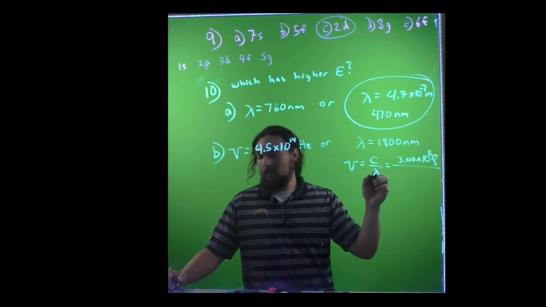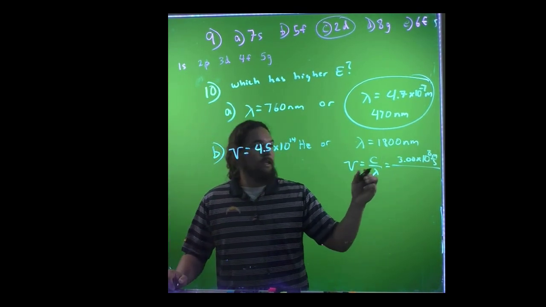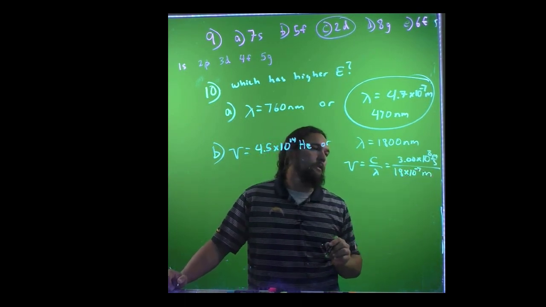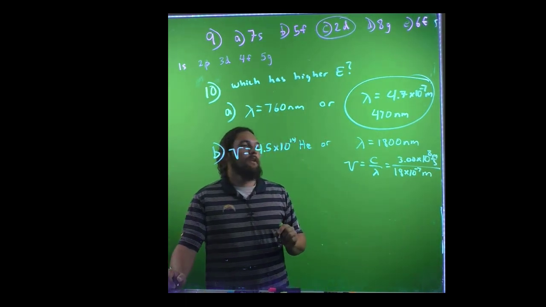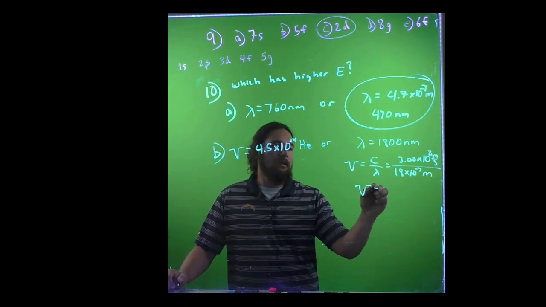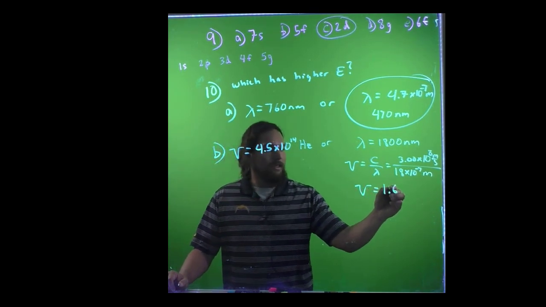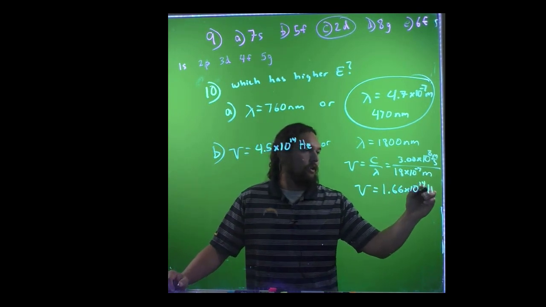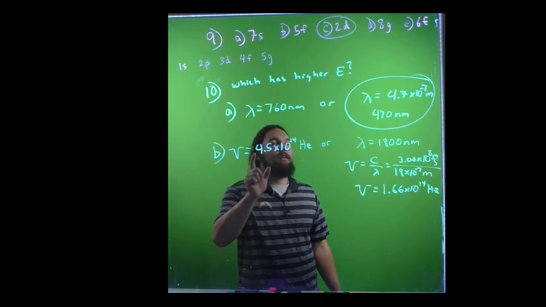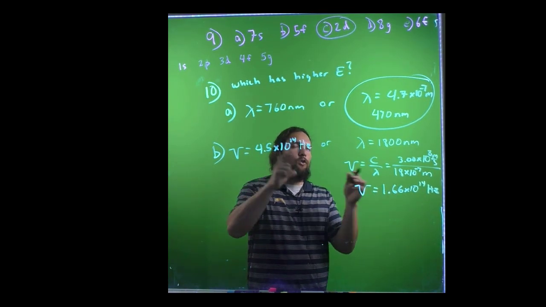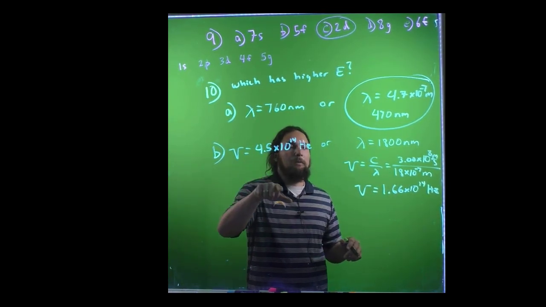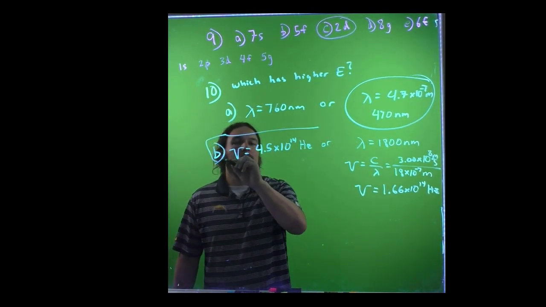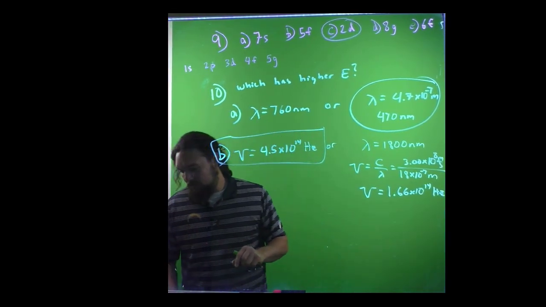We have to convert that into meters, so that gives us 18 times 10 to the negative 7th meters, and that gives us a frequency equal to 1.66 times 10 to the 14 hertz. So the longer the wavelength, the lower the energy. The shorter the wavelength, the higher the energy. In frequency, it's opposite. The higher the frequency, the higher the energy. So this one would have higher energy. Okay.